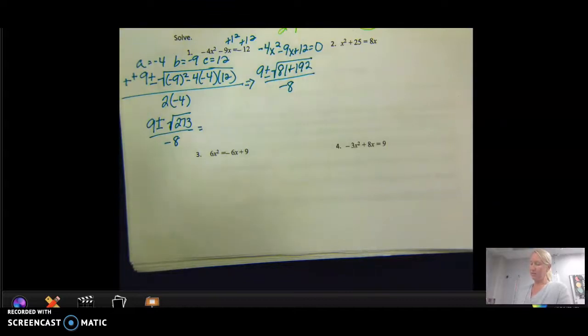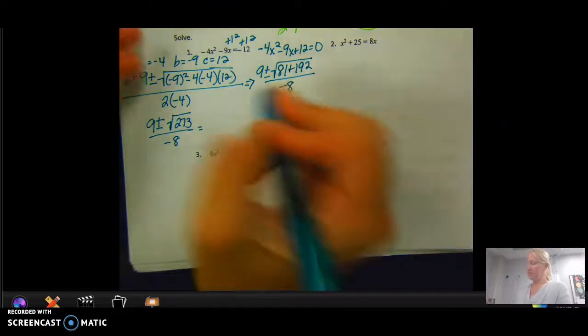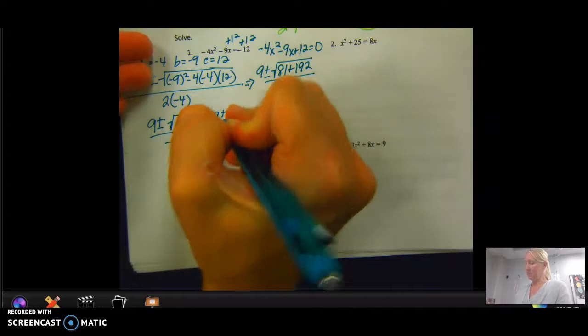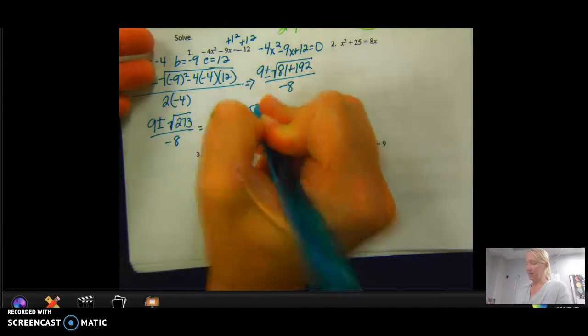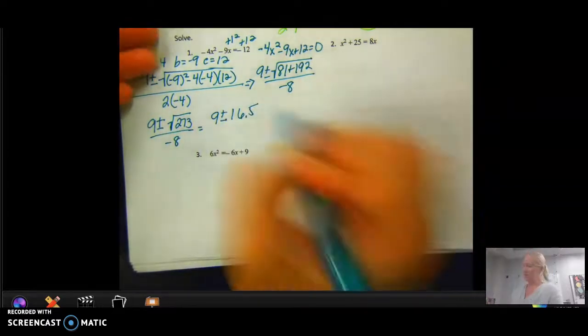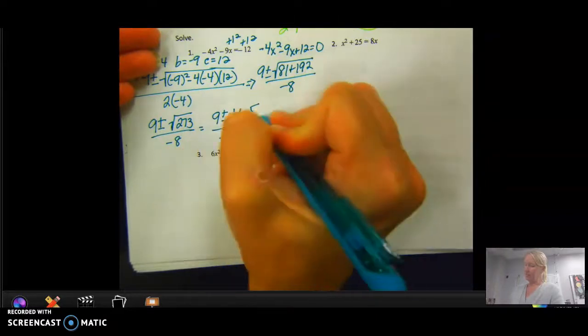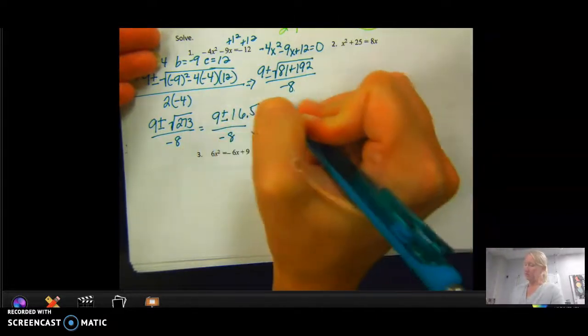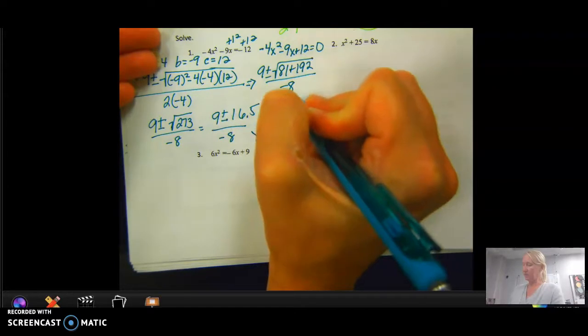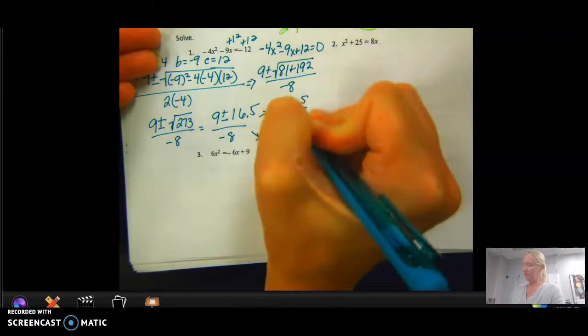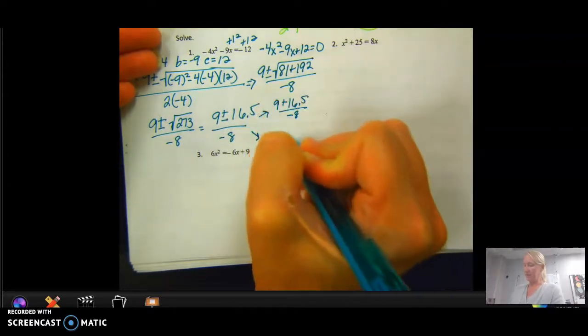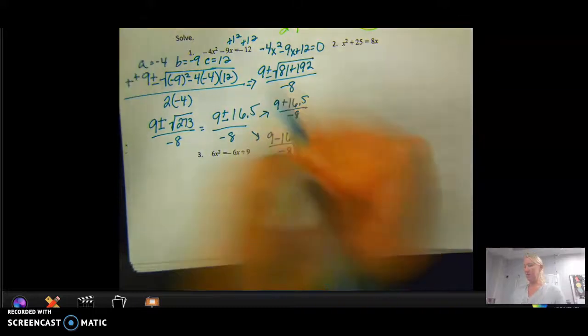Square root of 273 is about 16.5. So 9 plus or minus 16.5, I'm going to round it to the nearest tenth, all over negative 8. Now, you have to do both ways. You have to do 9 plus 16.5 over negative 8 and 9 minus 16.5 over negative 8.